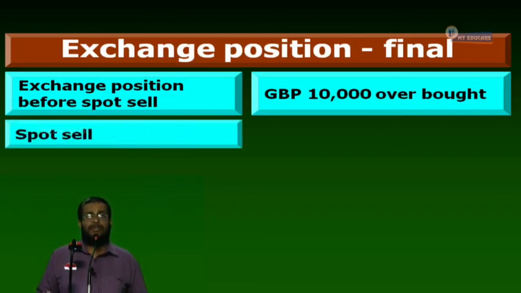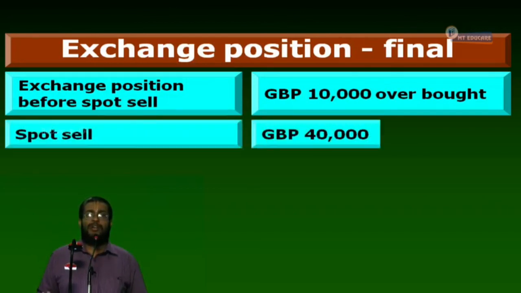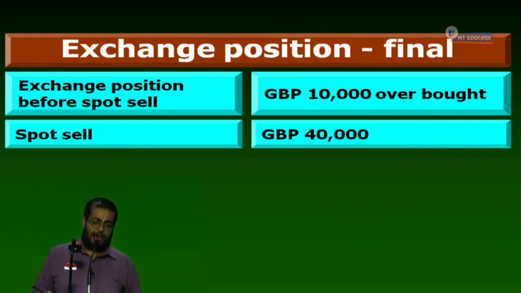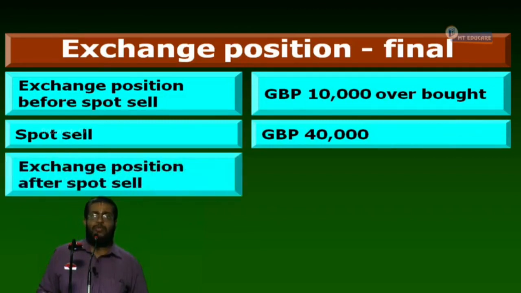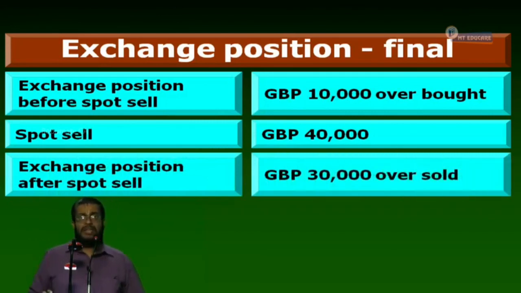Now what did I do? Spot sell. How much is spot sold? 40,000 GBP. Tell me, what net position do I have now? 30,000 oversold.